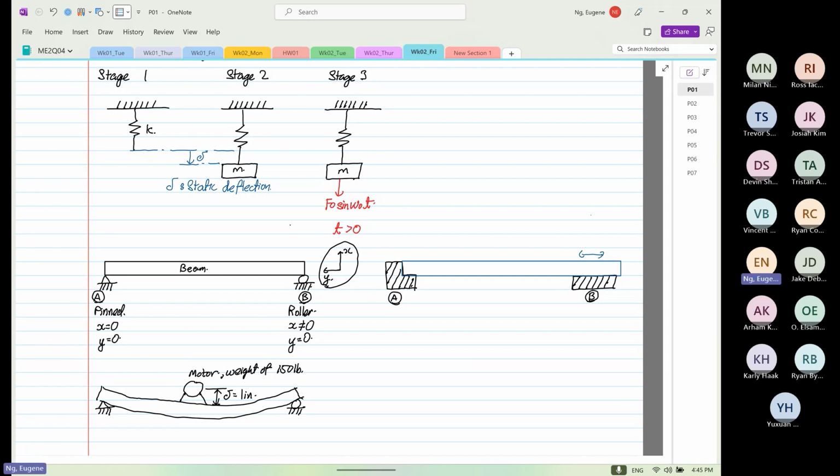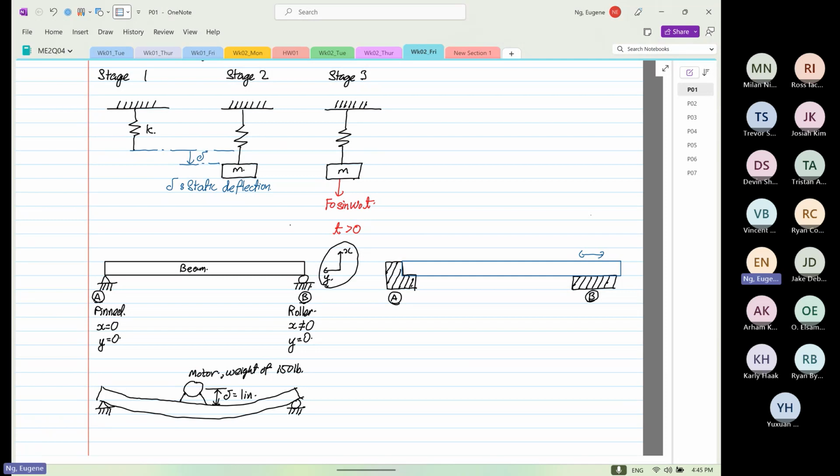So you can see where is your stage 1 and where's your stage 2, yes or no? So when you see a question like this, when you put a mass on top, you see a deflection over there, you understand what that actually means. Then the next one is where stage 3 comes.